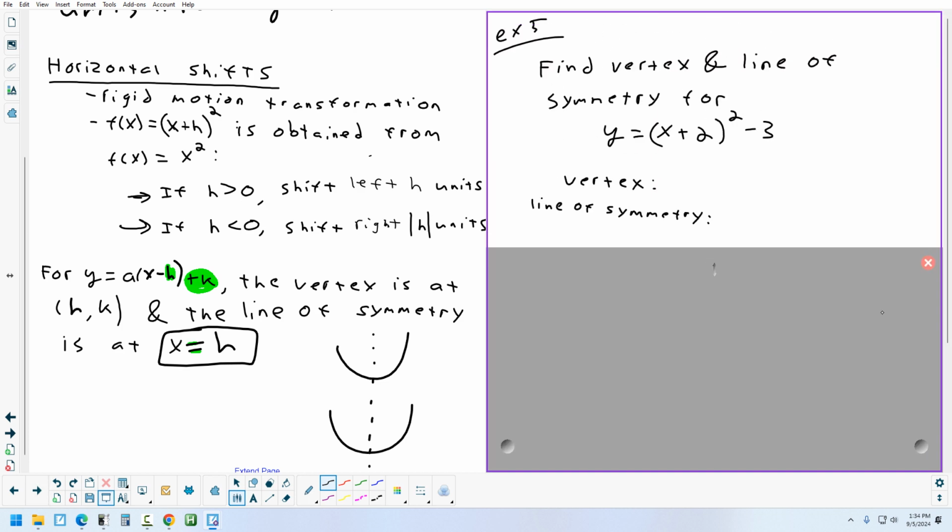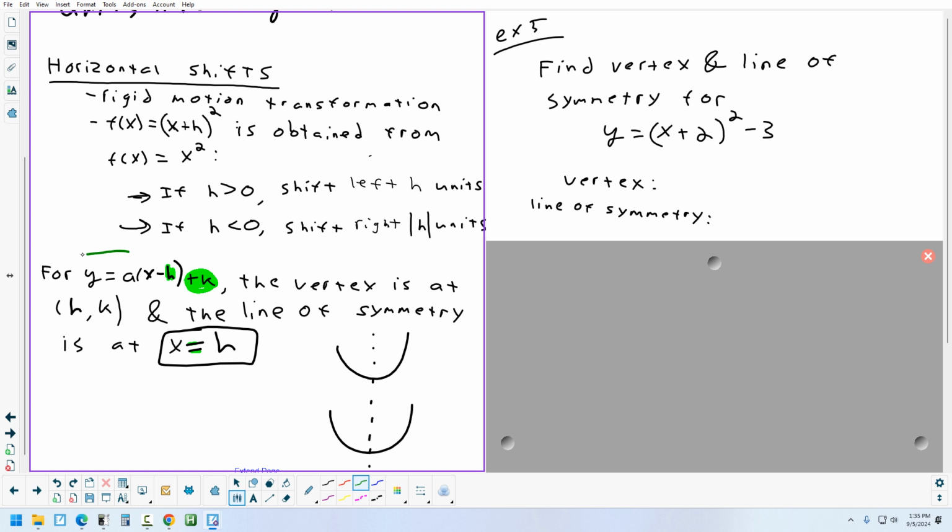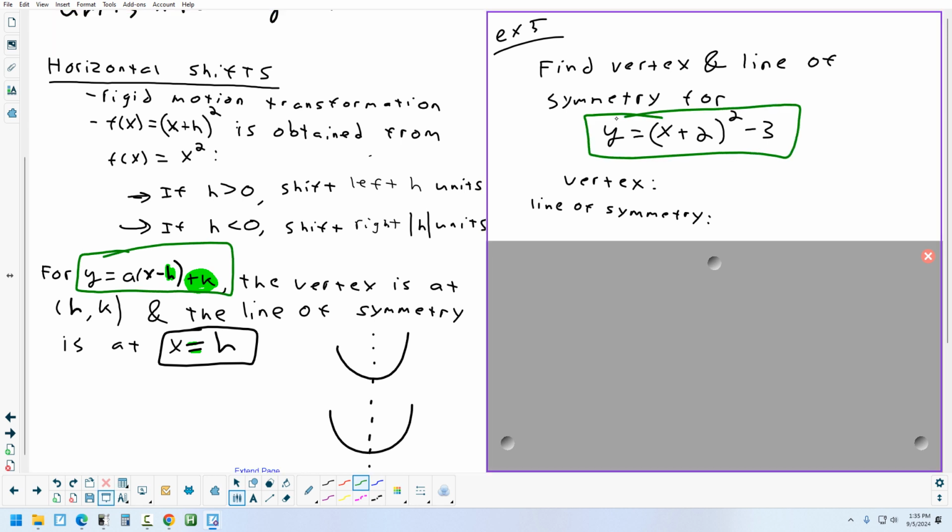All right. So let's see if we can use that formula to figure out the vertex and line of symmetry for that picture. First thing, does this look exactly like what I wrote right there? No. Not quite. There's something, especially inside the parentheses, that's a little different. Yeah, it's a plus. I told you that you need to look at the number that's after the minus sign.